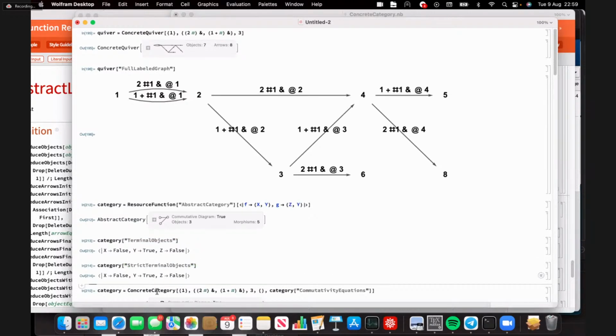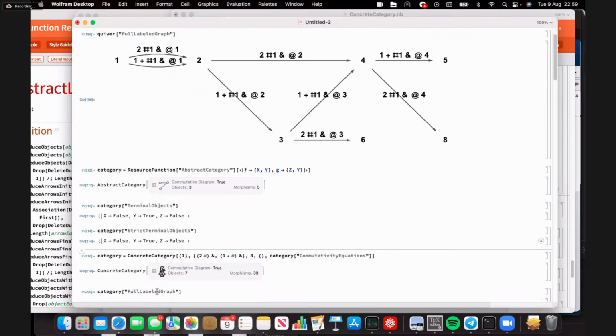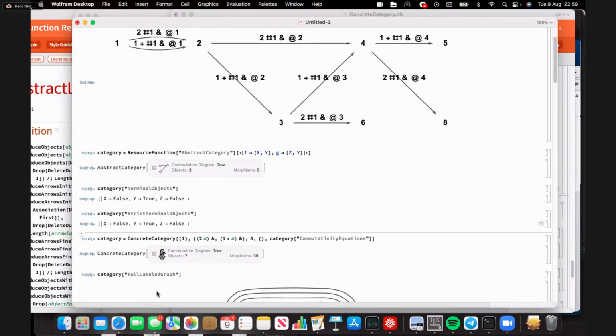So one idea is that things like fold can be characterized as morphisms from an initial object in a category that's defined by an endofunctor.